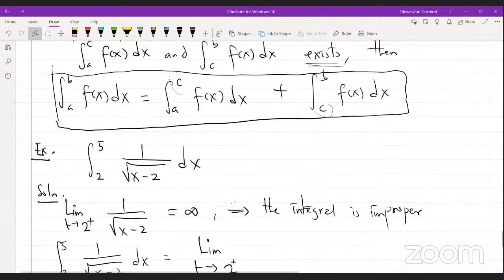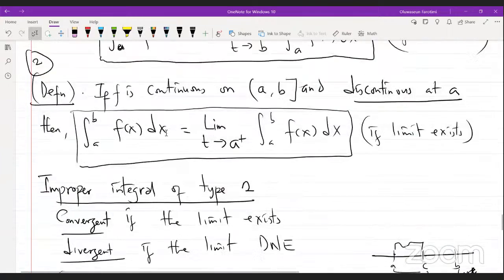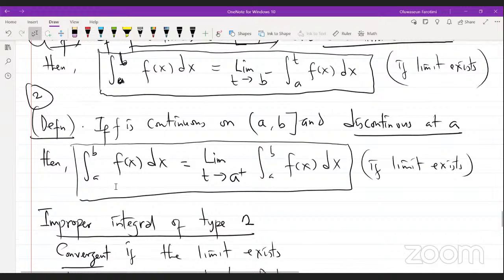Now let me back up a little bit, guys. When the problem is on the lower bound, it's going to be a, from the right when you do the limits. When the problem is on the upper bound, that means it's going to be the b in that case, from the left.